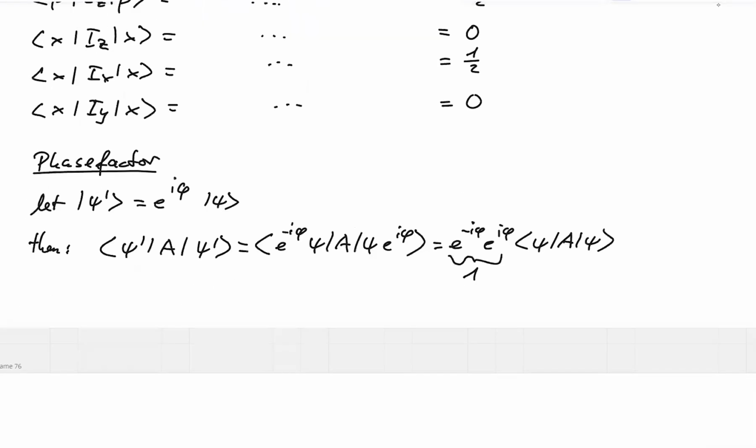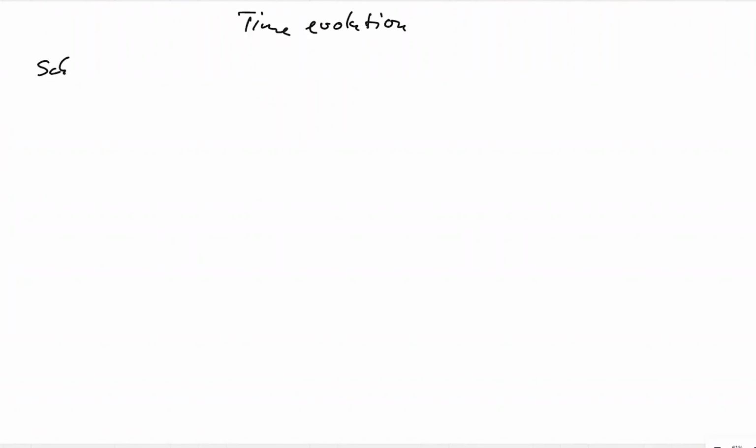However, now we want to see how we use this for calculating the time evolution of the system. So we have the time evolution and the Schrödinger equation.